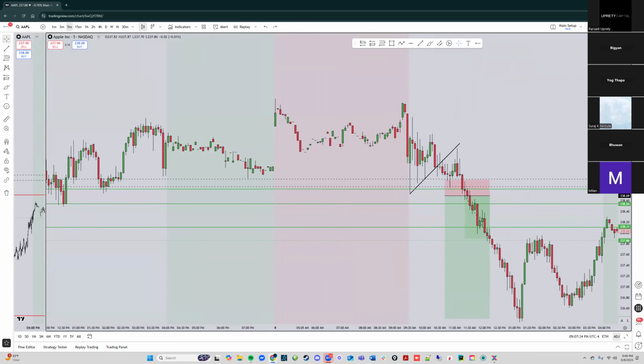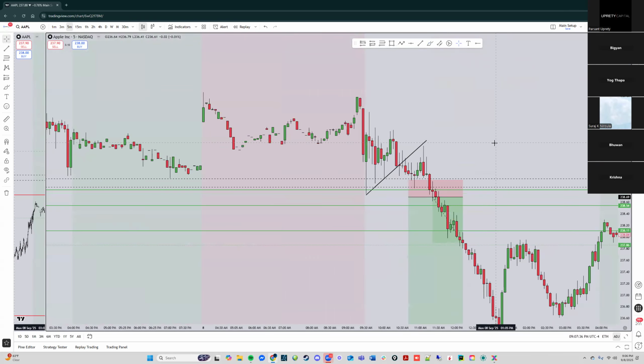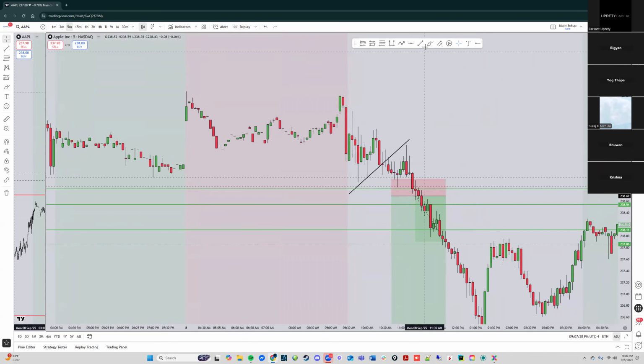Now, I'm into the algorithm world, and I'll quickly tell you what's going on here. Whenever price goes up so perfectly, you see how perfect that line is? It touches, touches, touches, and then right here touches again, and again.